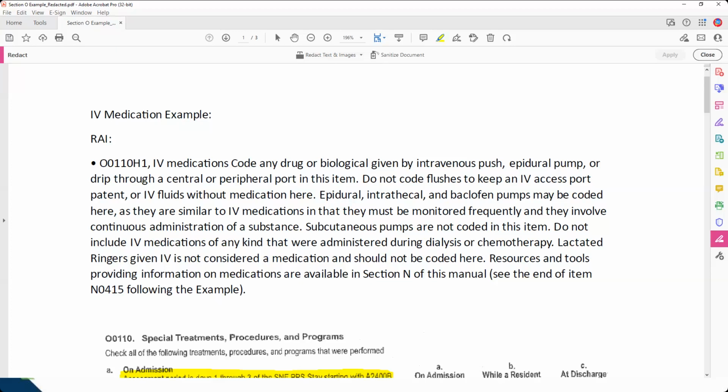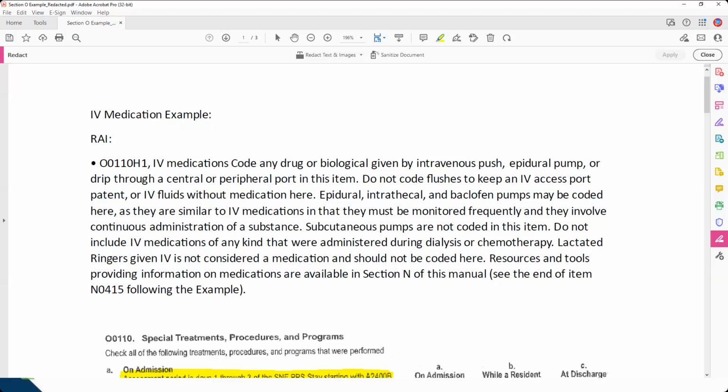Epidural, intrathecal, baclofen pumps may be coded here as they are similar to IV medications, and they must be monitored frequently and involve continuous administration of a substance. Subcutaneous pumps are not coded in this item.